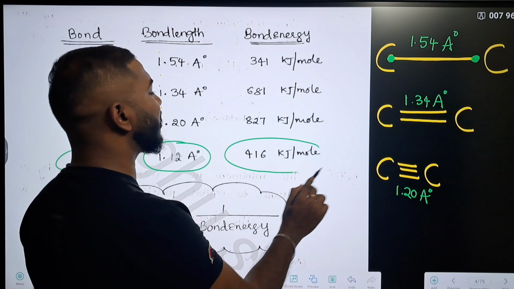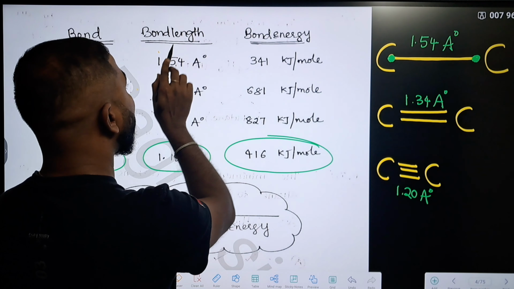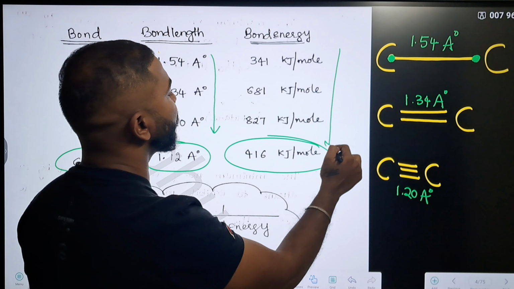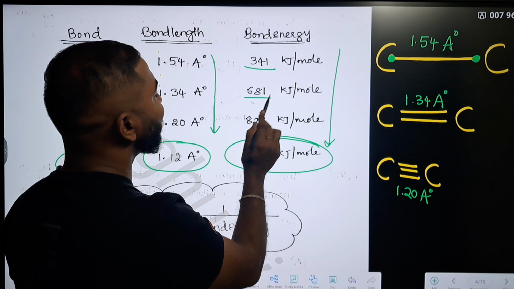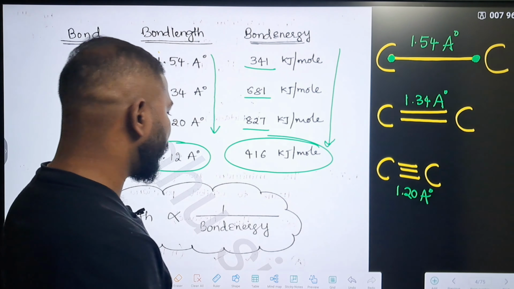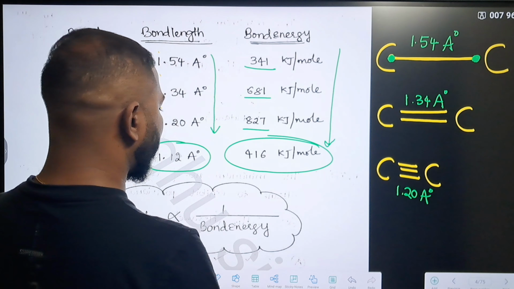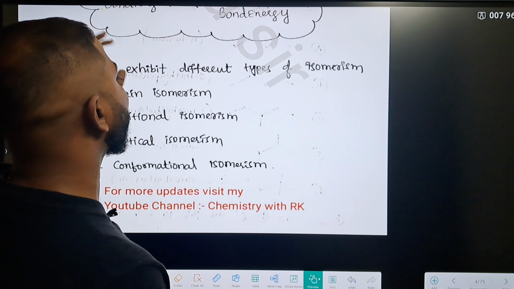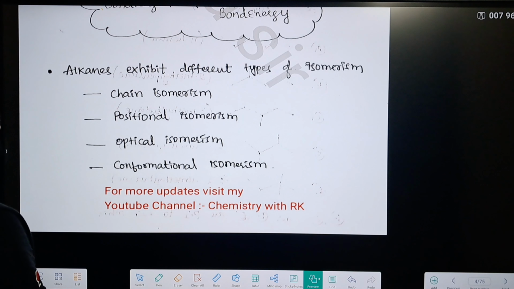So these are the standard values. From here to here, bond length is decreasing, but bond energy, if you see, increases: 341, 681 and then 827. Hope you understood. Try to remember these points, as they will help you understand the next concepts easily.